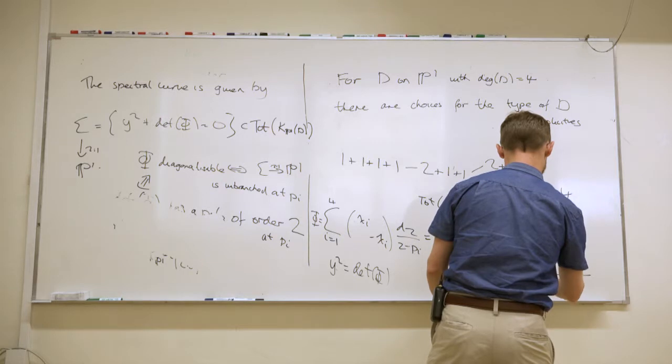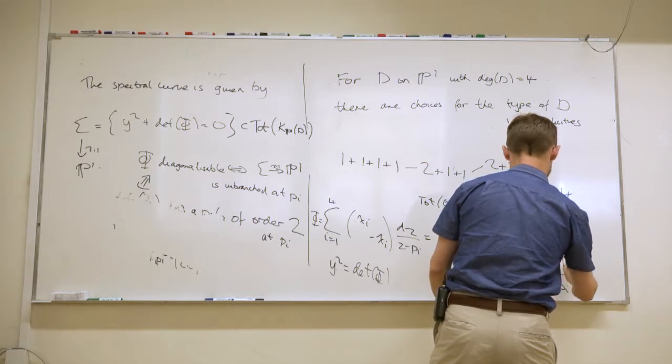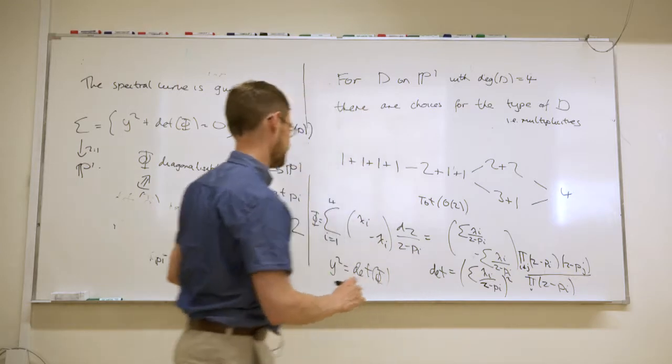So it's going to look like that. I think that is the equation of an elliptic curve.